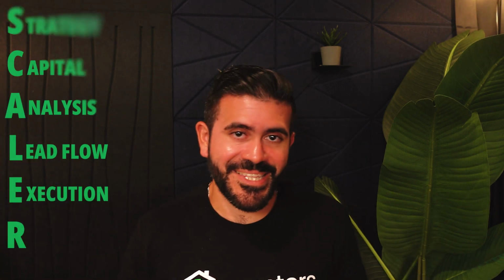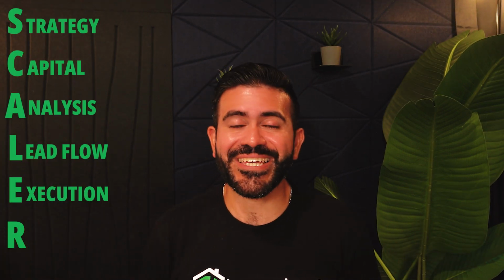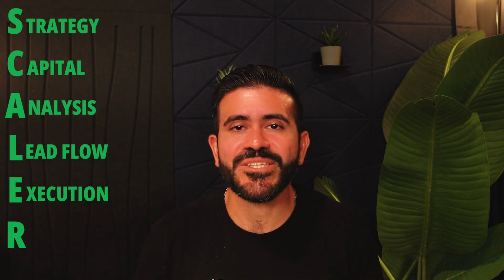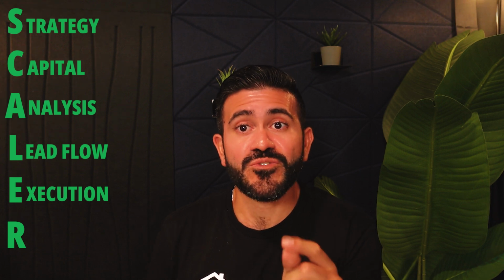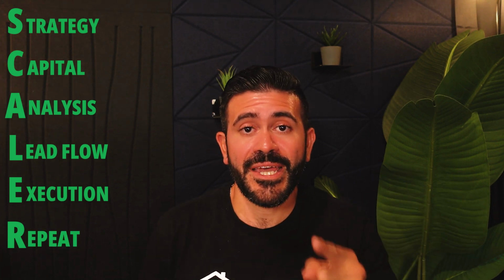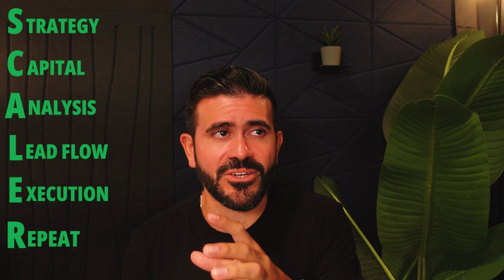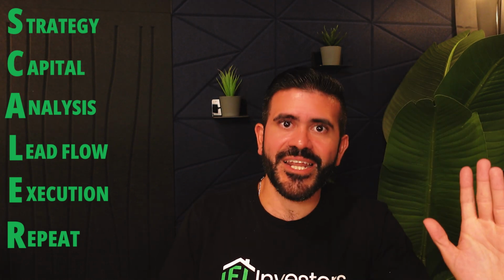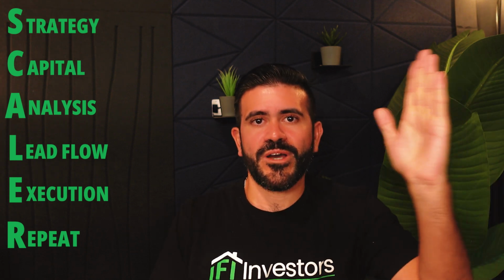Now, if we want to see what happens next, you can add the R at the end, like SCALER. We can add to the acronym the SCALER method. And what we want to do with that is we just repeat the process, right? Now that you bought this property, you can be like, okay, I'm going to buy another property. What is the strategy that I'm going to use on this property?